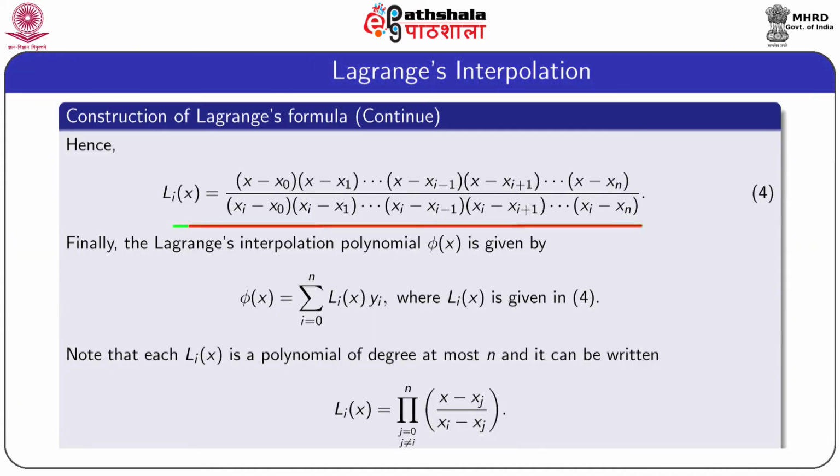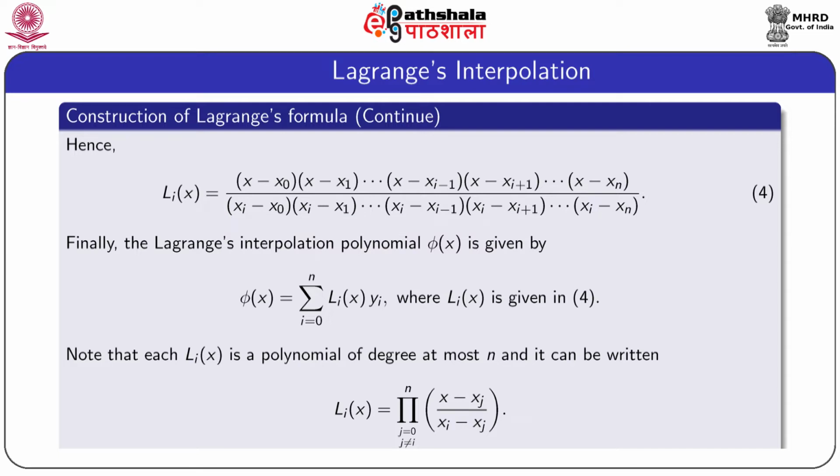L_i(x) equal to (x minus x_0)(x minus x_1) up to (x minus x_(i-1))(x minus x_(i+1)) up to (x minus x_n), whole divided by (x_i minus x_0) to (x_i minus x_n) except the factor x_i minus x_i.